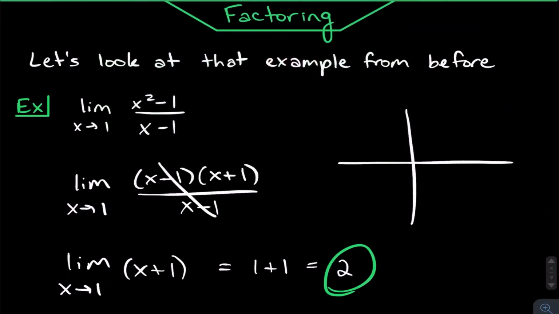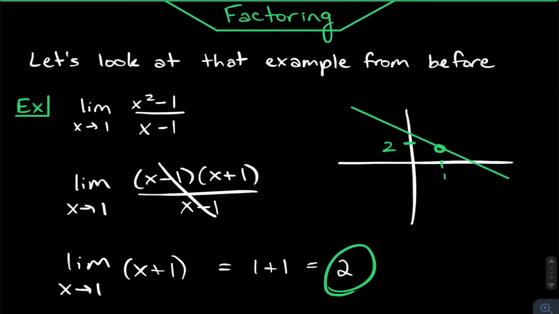Let's say that you're at x equals 1 and you have that graph. The reason I'm drawing a line is because you have an x squared divided by an x, so I assume you'll get a line here. And what's going to happen is at x equals 1, there's going to be an open circle here, at y equals 2.